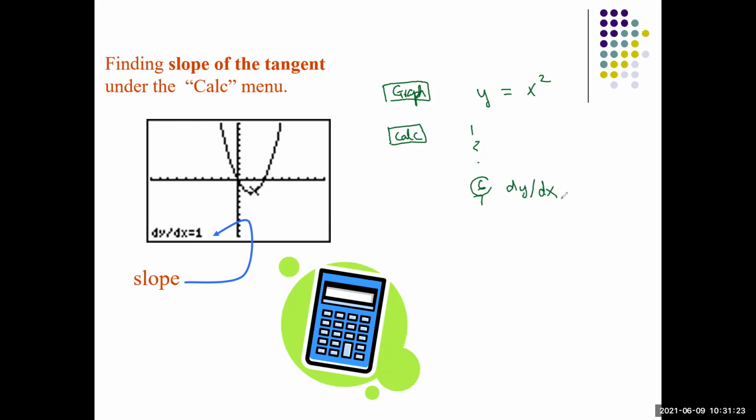That means the derivative or the slope. Then once you choose that option for dy/dx, you'll be prompted to enter x equals something, right? So if you enter x equals 3, that will spit out the answer as 6, the slope of the tangent line that we just found in the previous example. Okay.